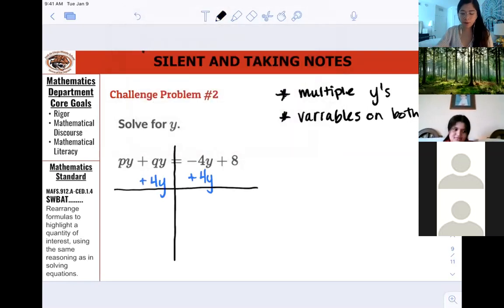Okay, so I'm going to add 4y, which allows me to cancel it on the right side. Now, can I combine anything? Are there other numbers that I can add 4 to?